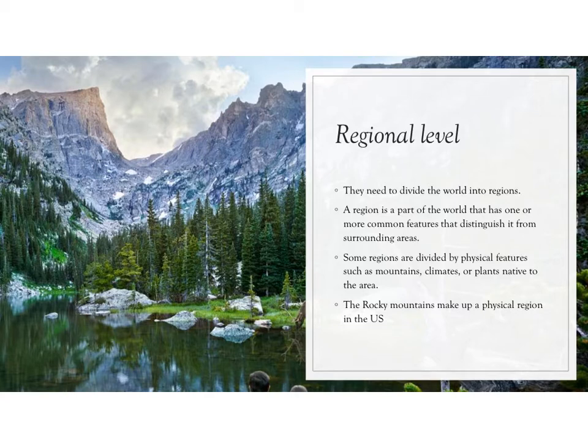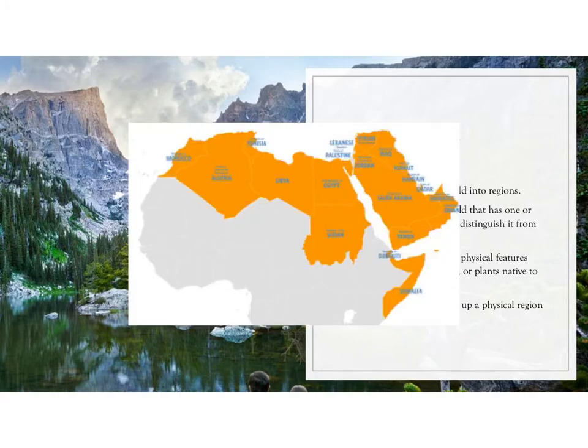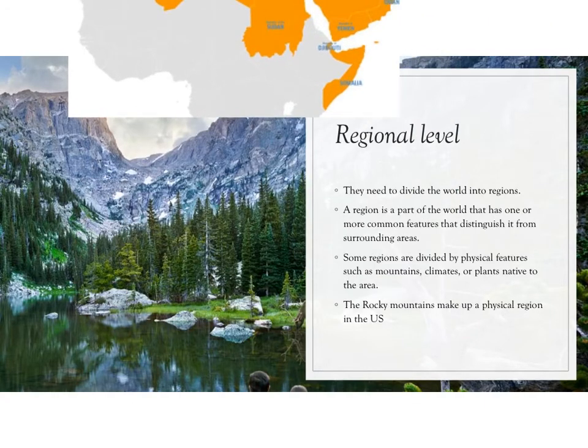This photo shows what we call the Arab world. Why do you think we call this region the Arab region? Mainly because most of the people in this area speak the Arabic language.